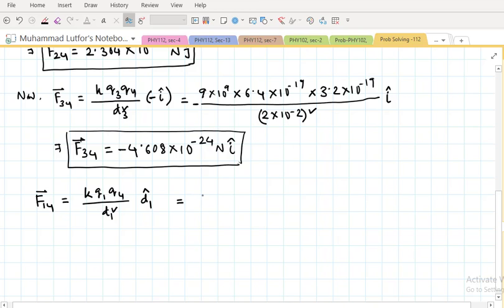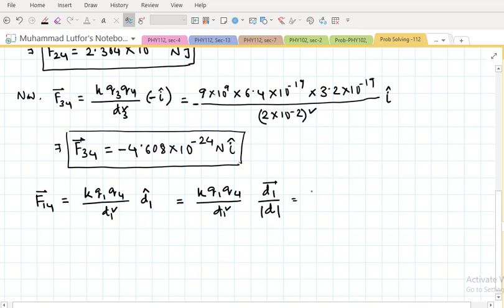Then I can write k q1 q4 divided by d1 square, and the d1 hat would be the d1 vector divided by the d magnitude.